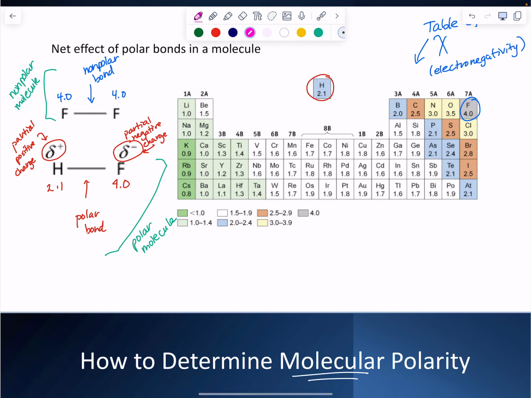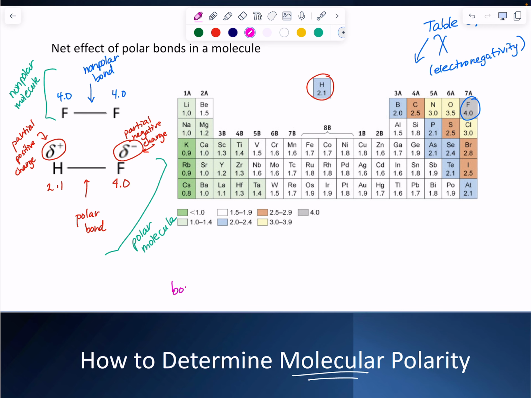So a bond dipole is an arrow that we draw. Well, it's an actual physical measurement of an electric field, but we use an arrow with a plus on one end to represent the bond dipole. So bond dipole, this points to the negative end, and we put a plus sign on the positive end.